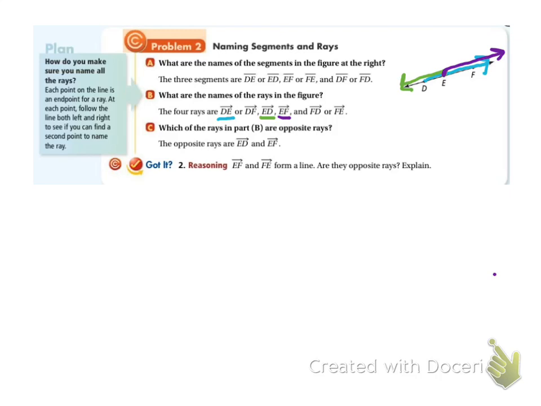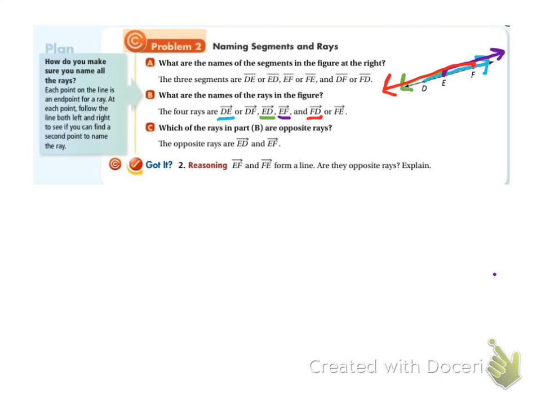DF, starting at D, going out towards F. DF is the same thing. Oh, sorry, we already did that one. FD this time, so I need to start at F and go towards D. FD is the same thing as FE because it's going through the point E. They both have the endpoint F and go in the same direction.